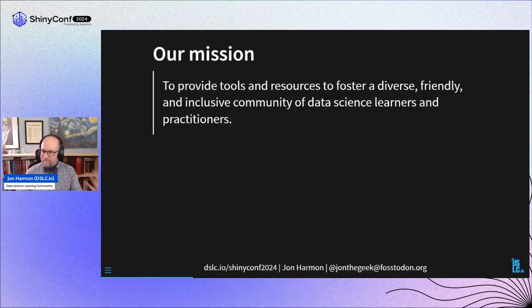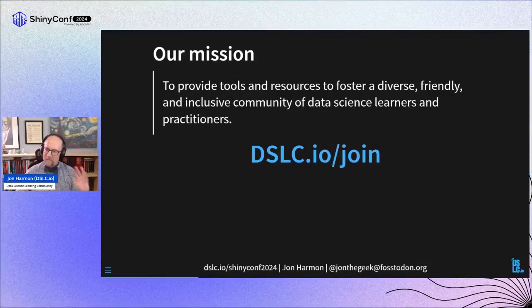And I wanted to make sure that we have something so everyone can have a good learning experience. I'm going to repeat this several times. It's down there in the corner on all the slides. Come to dslc.io. You can add the /join to go directly to our Slack. And I just want to see everyone come join and learn data science together.